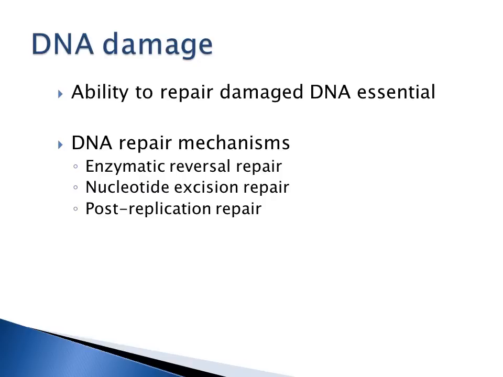Many times DNA is altered or mutated due to damage, and there are various agents that generate DNA damage, such as UV light. There are also individuals that are unable to repair that damage. In our bodies, we have numerous DNA repair mechanisms.